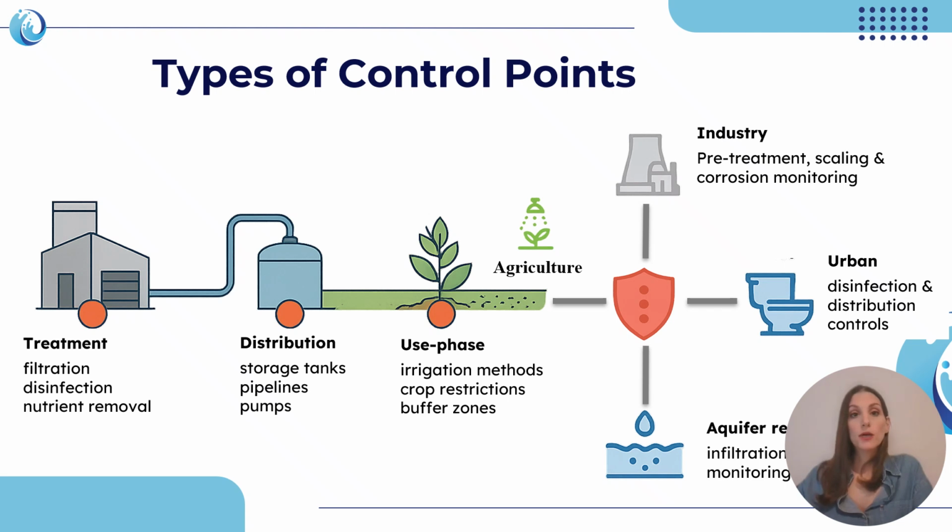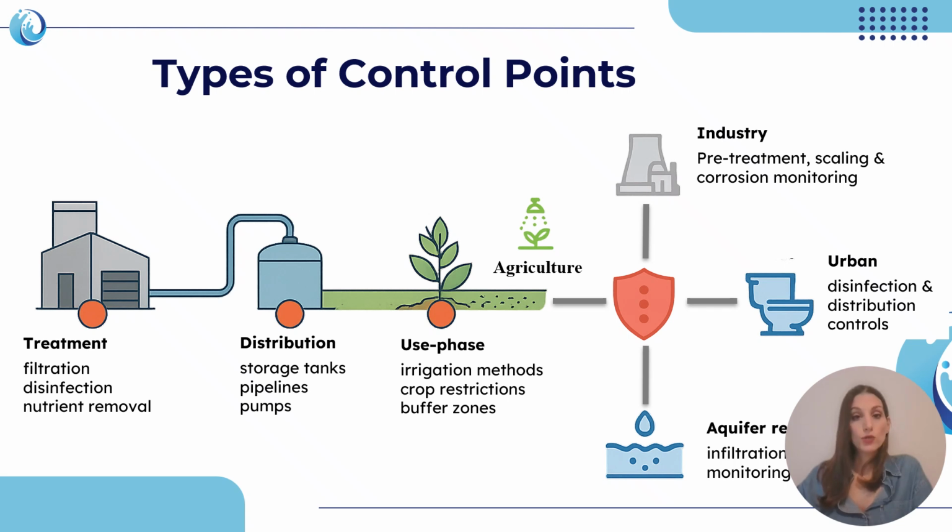Control points can appear at several stages of a water reuse system. At the treatment stage, they might include processes like filtration, disinfection, and nutrient removal, all of them acting as barriers that stop contaminants from reaching the next step.